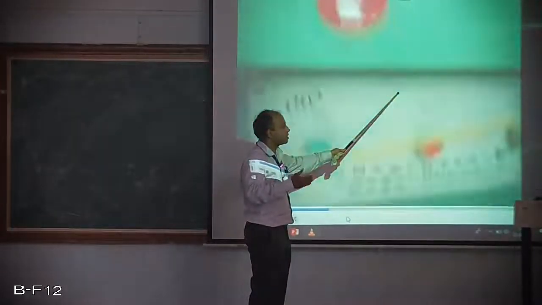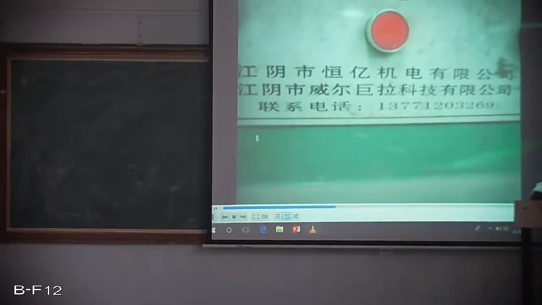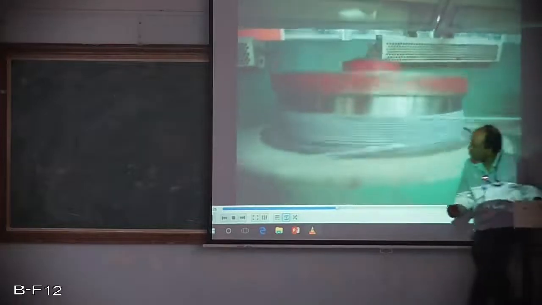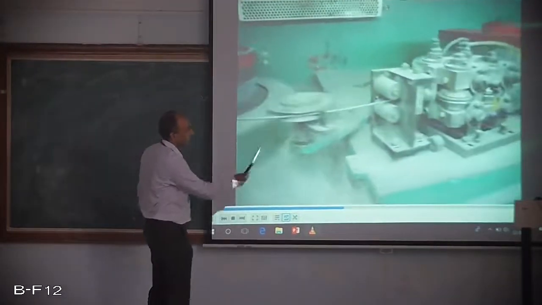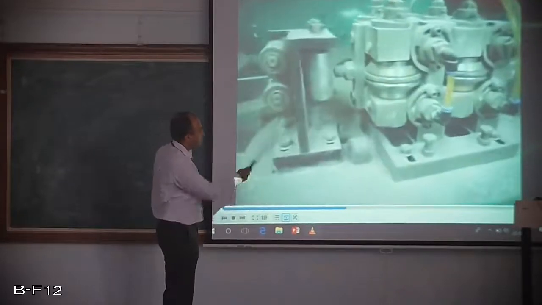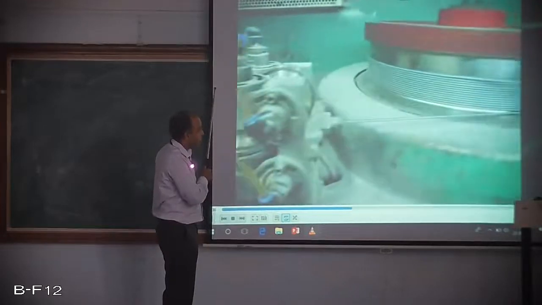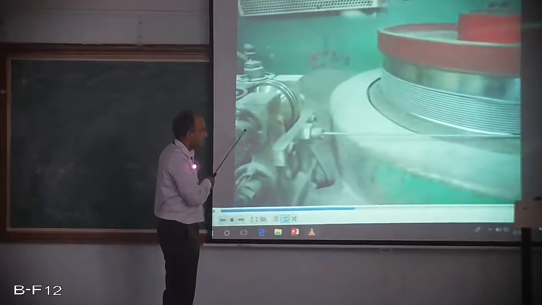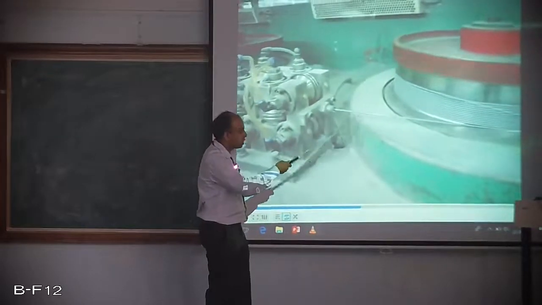It is an intermediate step. Then it goes to the second pair. Here we are feeding the lubricant. Actual deformation is happening, then coiling. This is the second intermediate stage.